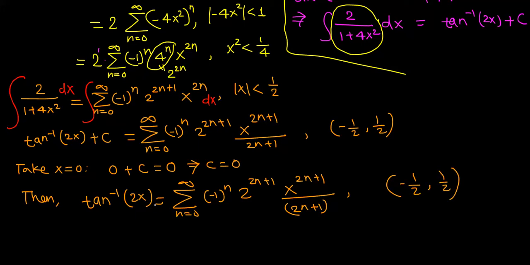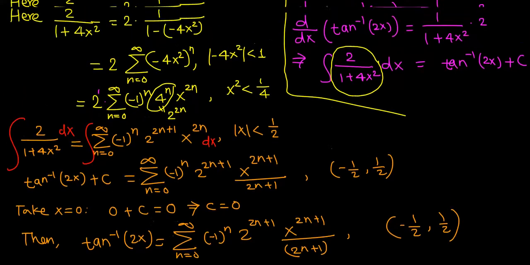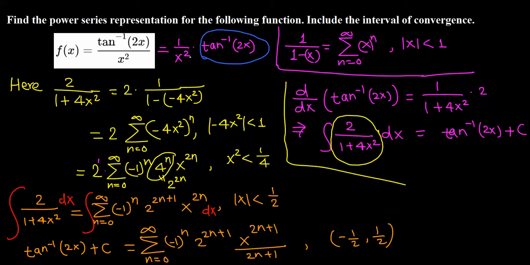Okay, but if you go back all the way up, we are supposed to find the power series for tangent inverse 2x times 1 over x squared. That's the function. So we found the power series for tangent inverse 2x. Now we divide by x squared or multiply by 1 over x squared.